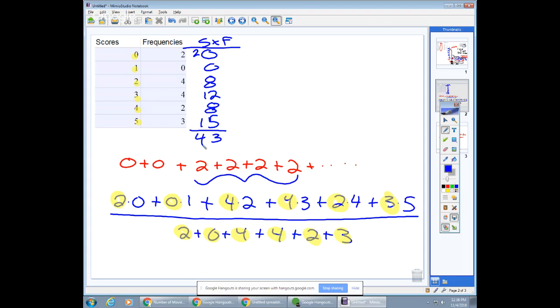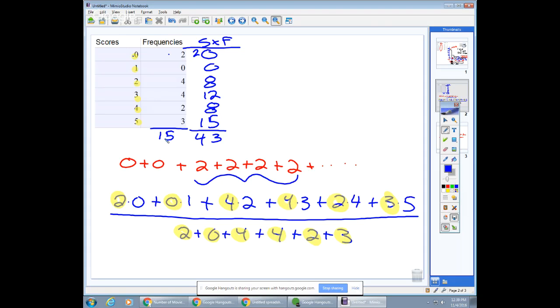Yeah, I get 43 for the numerator. And notice how I did it. I multiplied this column times that column and made a third column. That's one trick we can use in a spreadsheet. And then I have to add up these guys too. So 2 and 4 is 6, and 4 is 10. That adds up to 15.